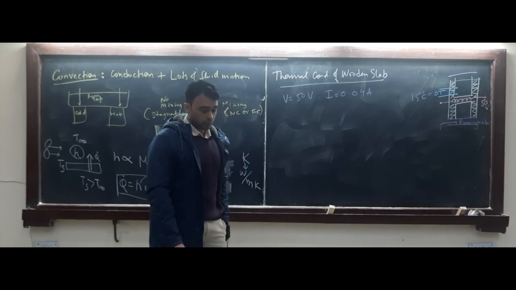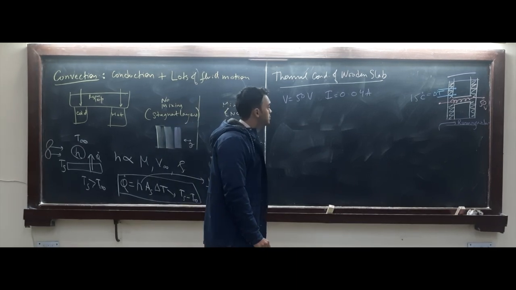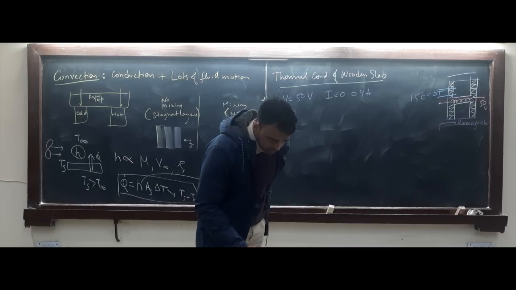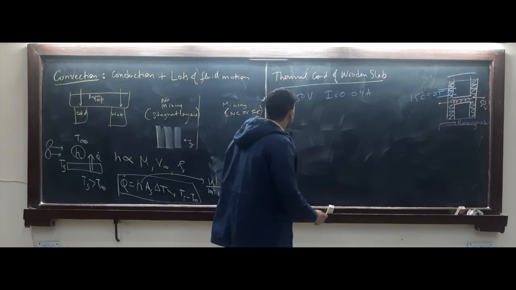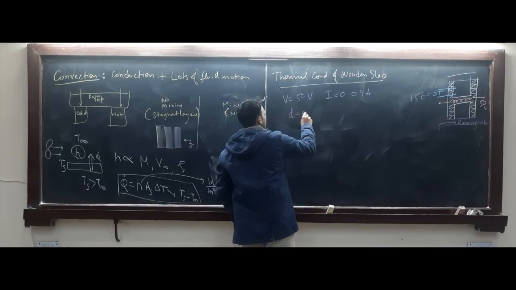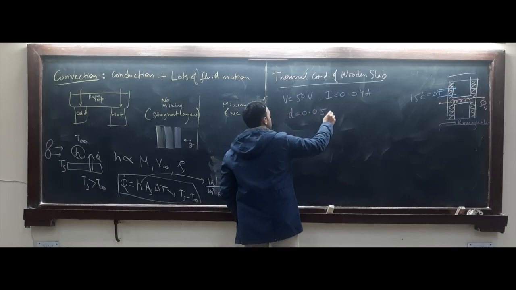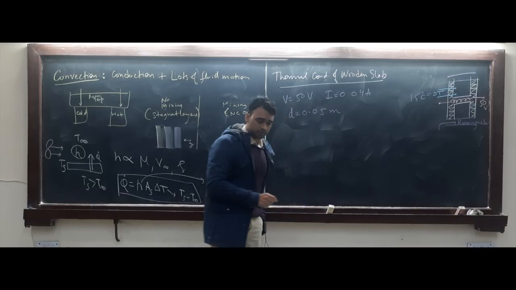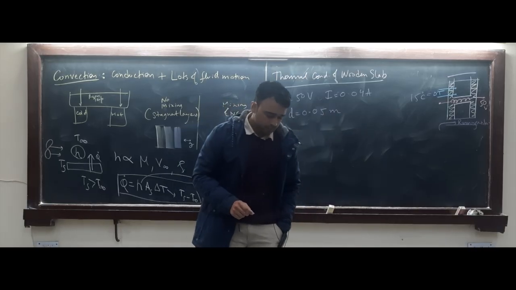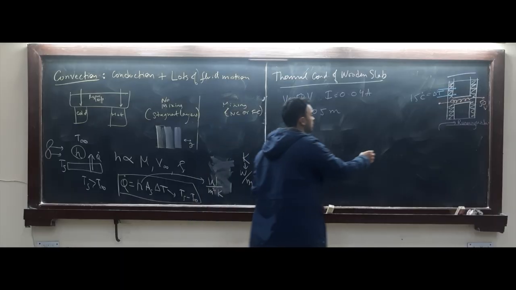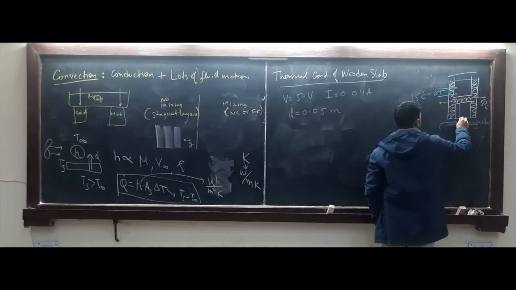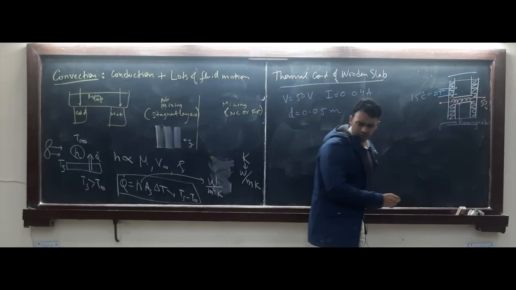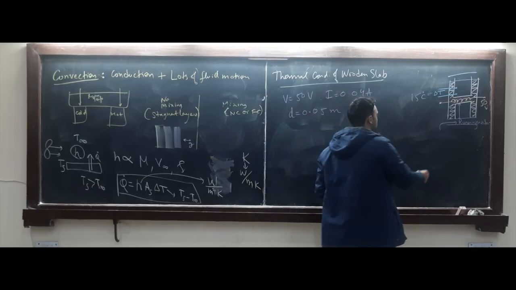Cross-sectional area, yes, that's also known. I think you might have to calculate it. The diameter is known, 0.05 meter. And length of each slab, if that's something you desire, is 15 centimeters, 0.1 meter.